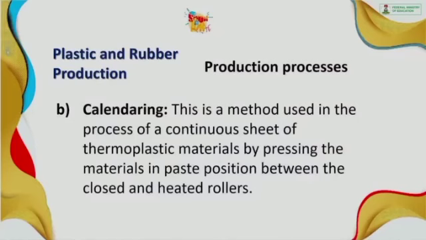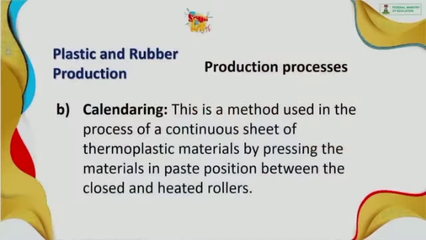Unlike injection mold, this method is used for continuous sheets of thermoplastic materials. Since thermoplastics are reversible and soft and are produced under high intensity of heat and pressure, they can be used to produce continuous sheets.